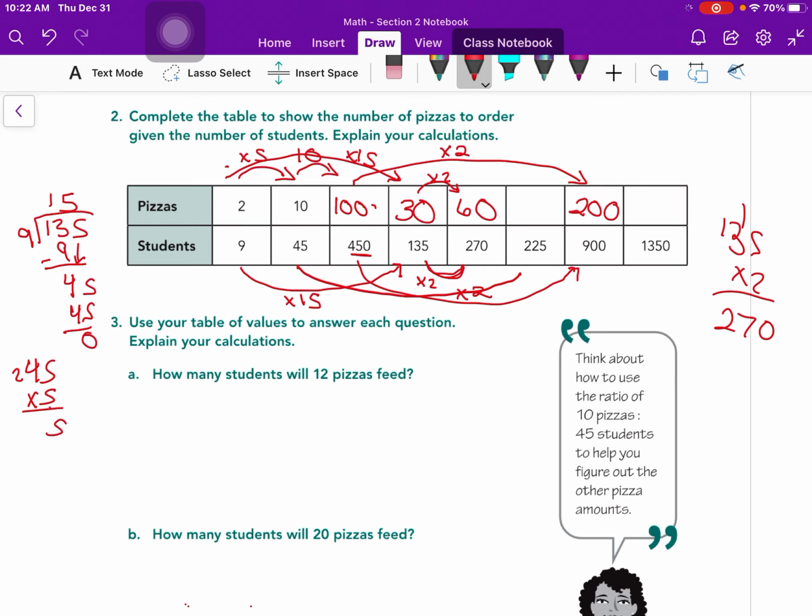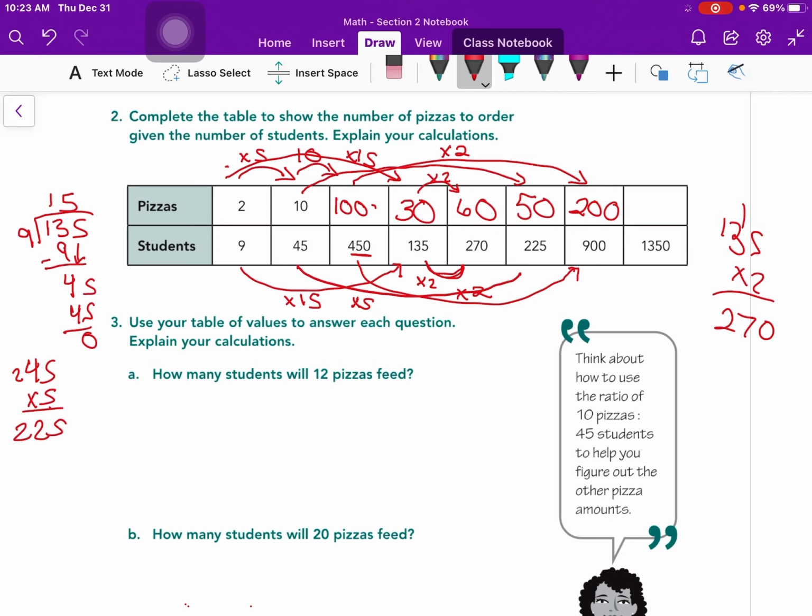I'm thinking 5. Let's see. 5 times 4 is 20, plus 2 is 22. So I can multiply 45 times 5 to get 225. That must mean I can multiply 10 times 5 to get 50. All right, now we are talking for sure.